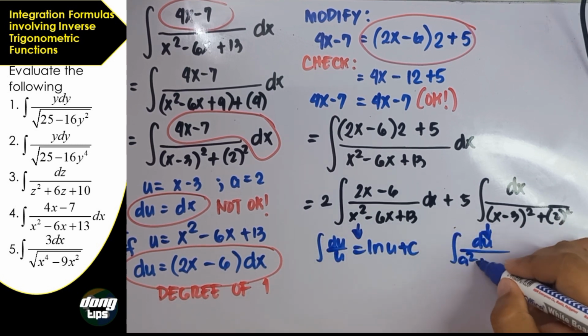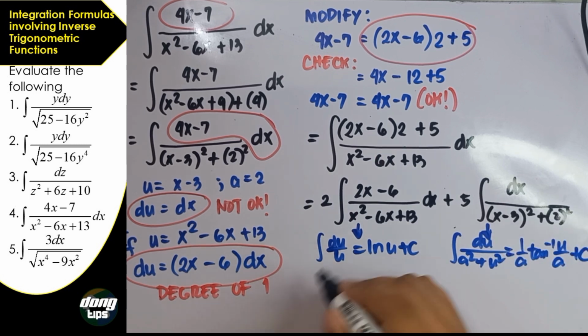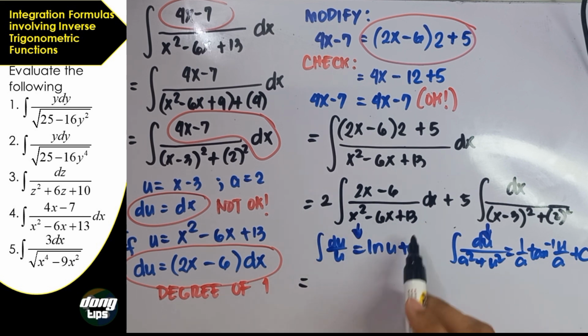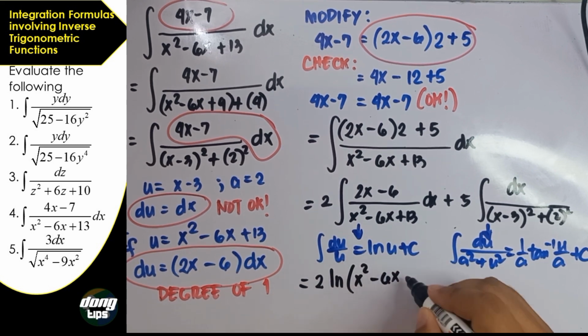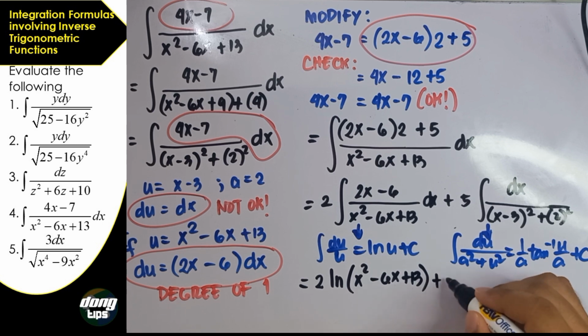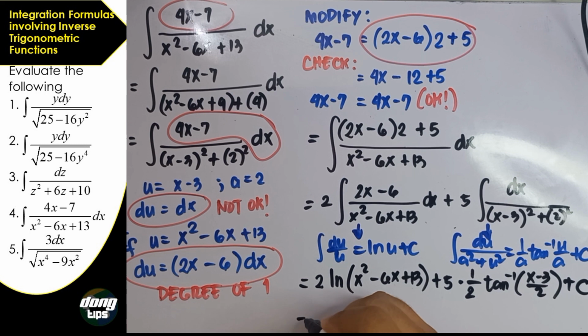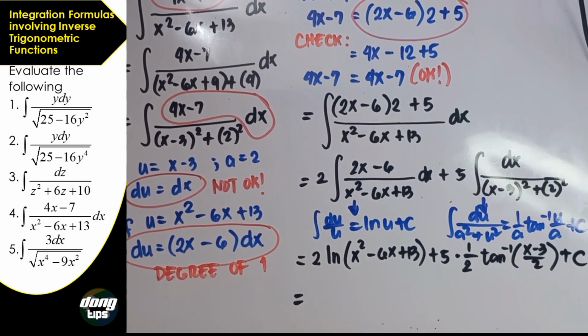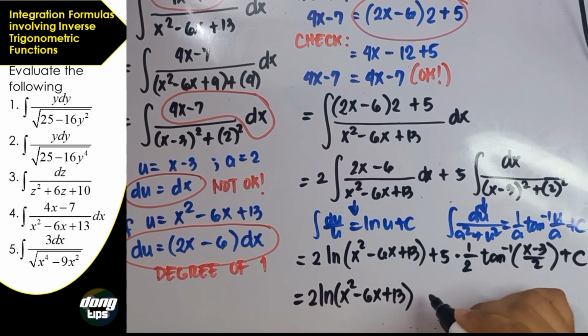And for this one it is the integral of du over a squared plus u squared. And here is our answer.